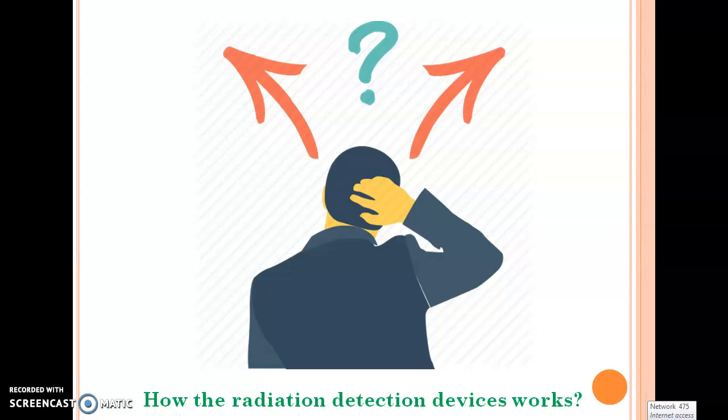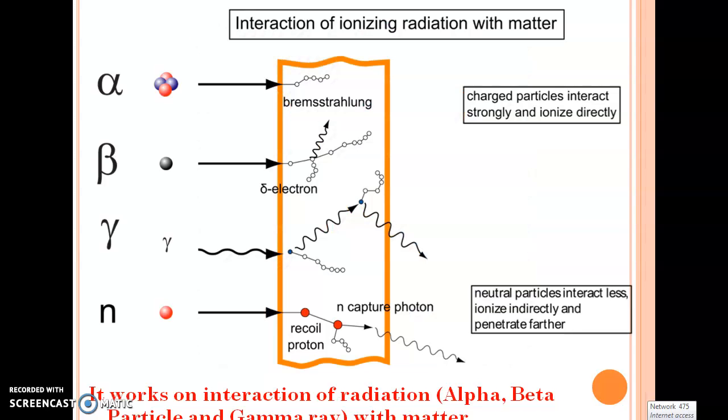Before starting, first of all we have to know what types of radiation are present in our environment. These are a few examples, not all: alpha, beta, gamma radiation and neutron radiation, as neutron radiation is also present in the outer atmosphere. These radiations interact with material in different ways depending upon the energy.